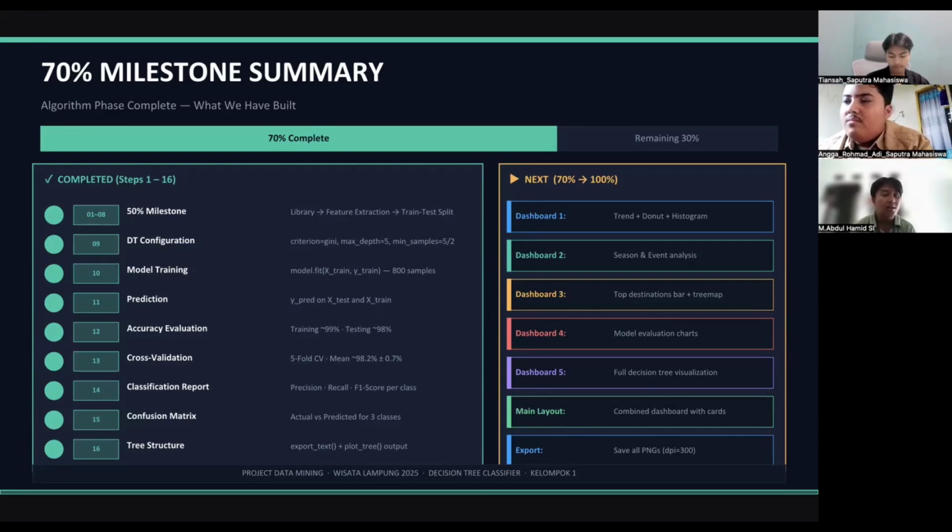The remaining step is developing the final dashboard and exporting the visualizations.